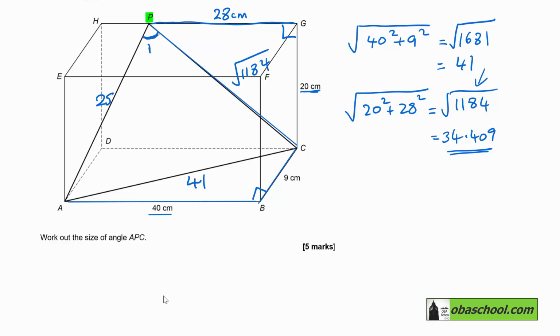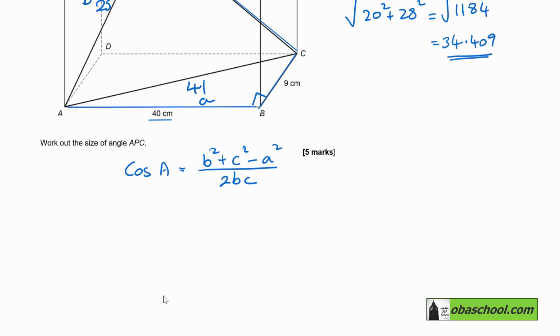So if we call this angle A, this side is A, and these sides are B and C. It doesn't really matter about the order there. And we can use the cosine rule, where the cosine of A would be equal to B squared plus C squared minus A squared divided by 2BC.